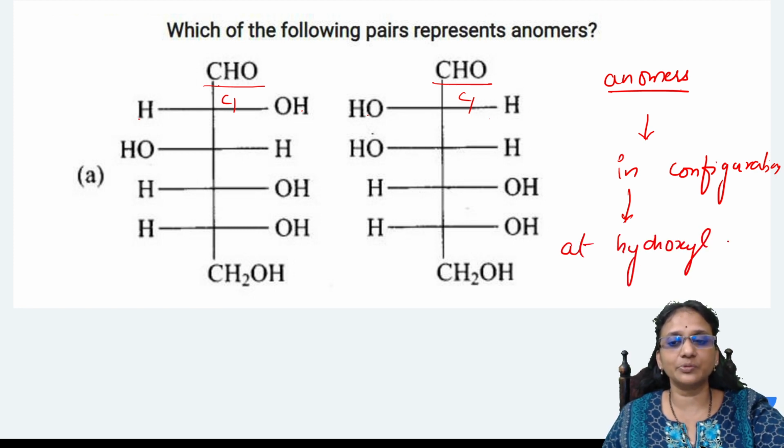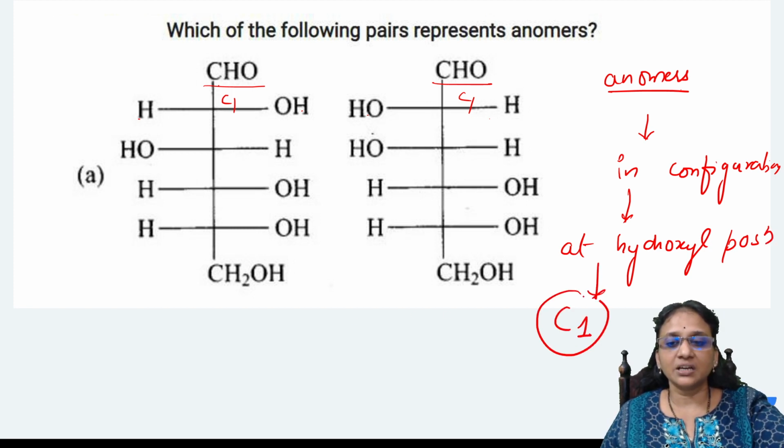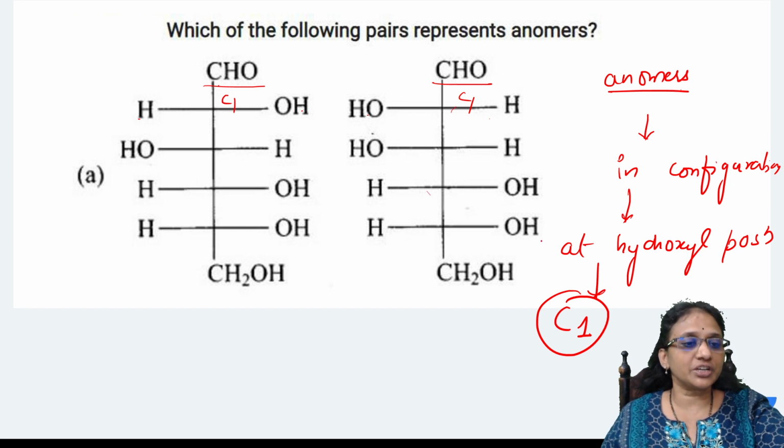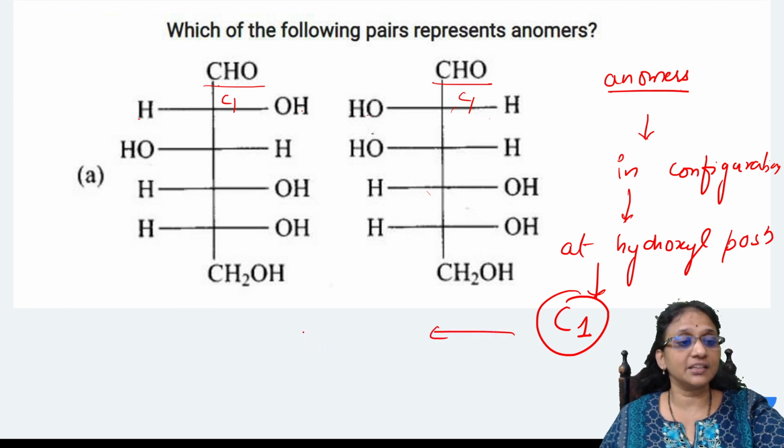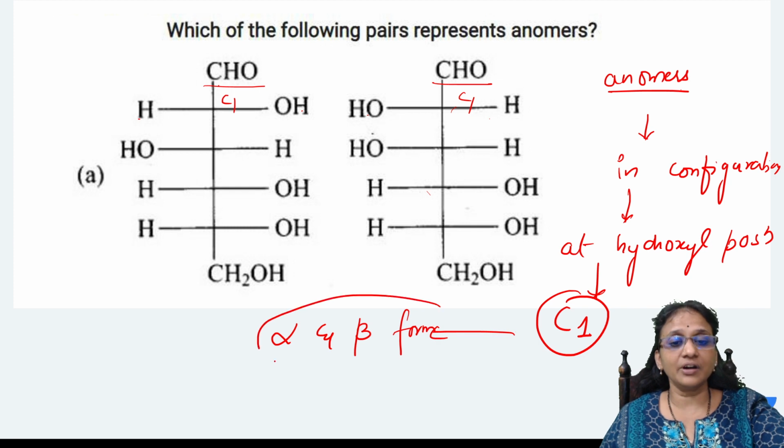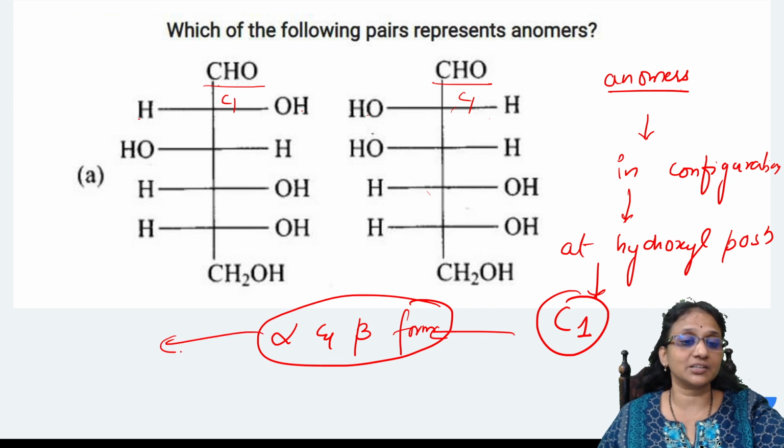Hydroxyl position is in which carbon? You are going to check at the C1 carbon, for the hydroxyl group. And the important thing here is they form alpha and beta forms. Those alpha and beta forms should differ at C1, and it should be a cyclic structure.